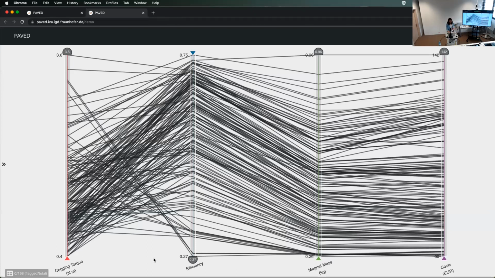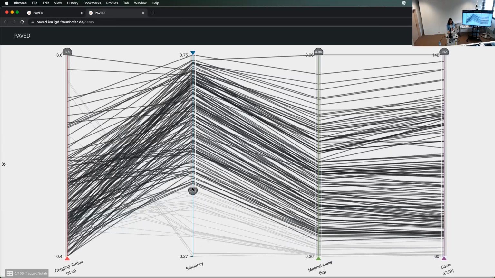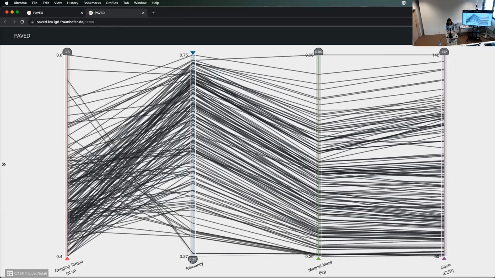So only the low quality end of an axis can be dragged to eliminate undesired options, because it would just not make sense to exclude options with desired values, right? In the case that you really need to brush a group of options with certain characteristics, you can use a line brush, like so.